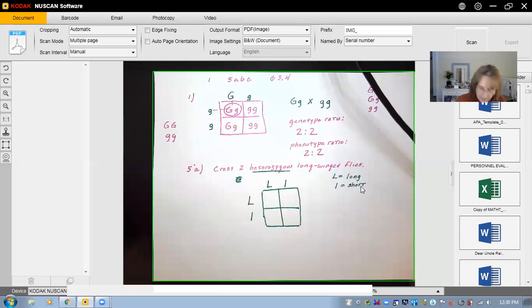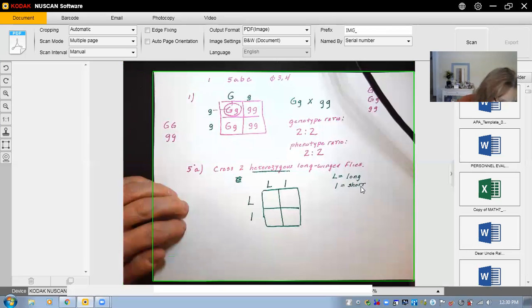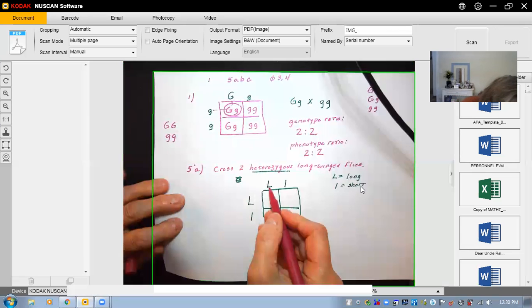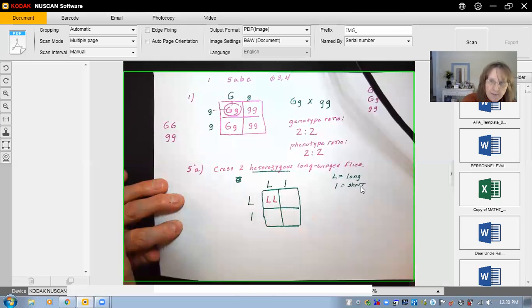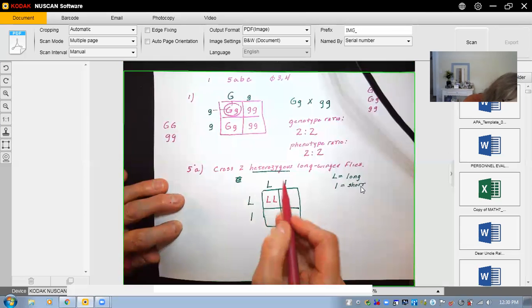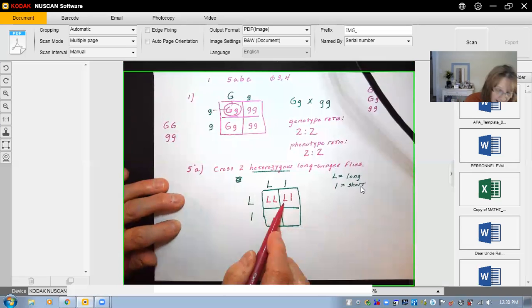Okay, so let's see what we get. If this egg came together with this sperm, this baby would end up being capital L, capital L. If this egg came together with this sperm, that baby would end up being capital L, little l. And did you notice that I always put the capital first?